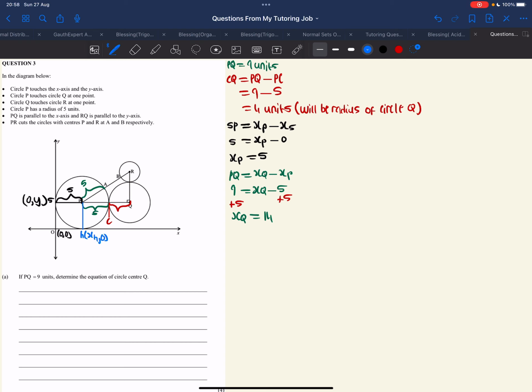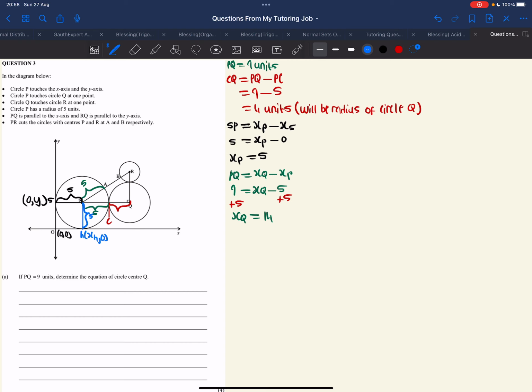Do you understand that? Now remember that length there is also going to be 5 because it's still the radius. Remember, the radius is the same everywhere else for the circle. Now remember we just found that HP is 5 units.